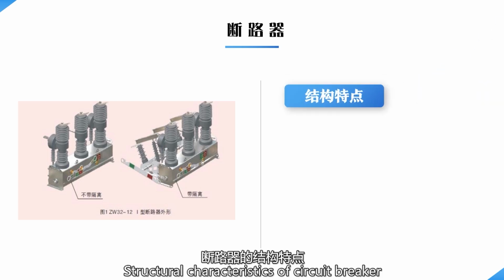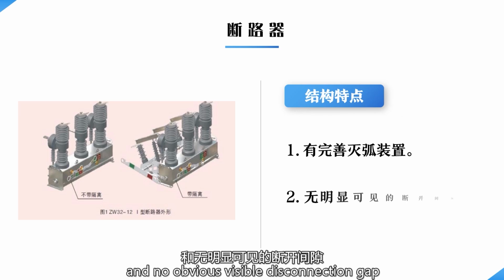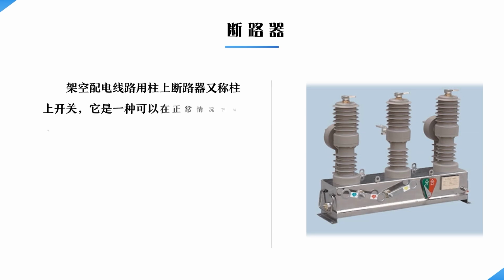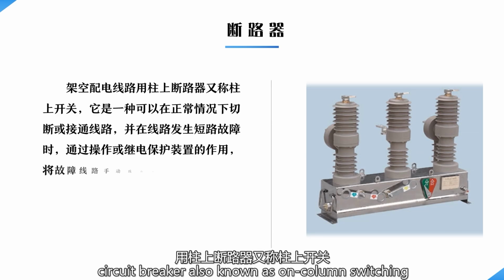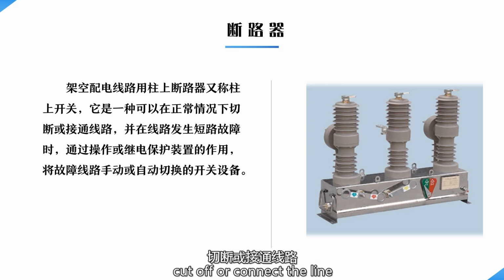Structural characteristics of circuit breaker. With a perfect arc extinguishing device and no obvious visible disconnection gap, the overhead distribution line on-column circuit breaker, also known as on-column switching, is a kind of circuit breaker that can cut off or connect the line.